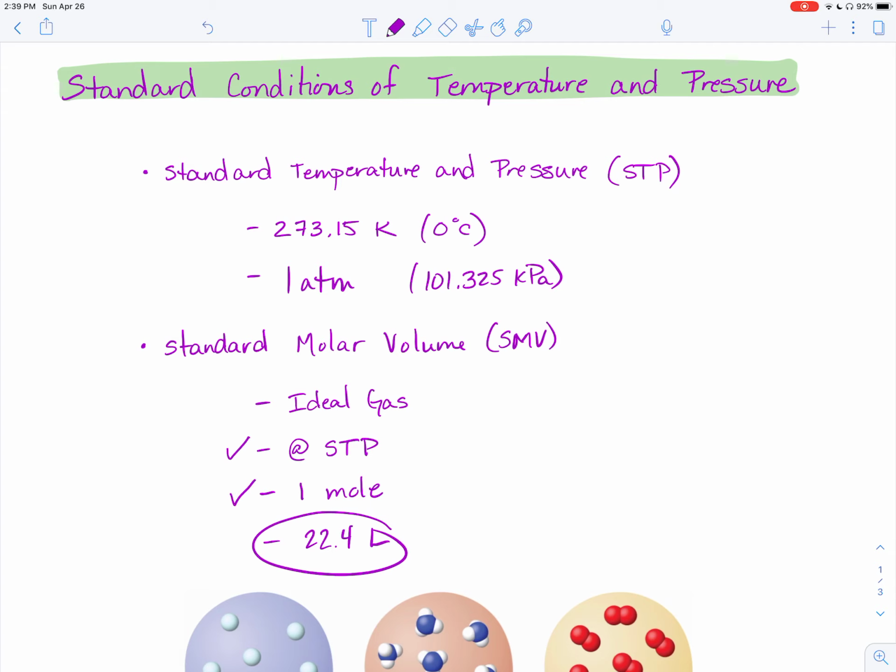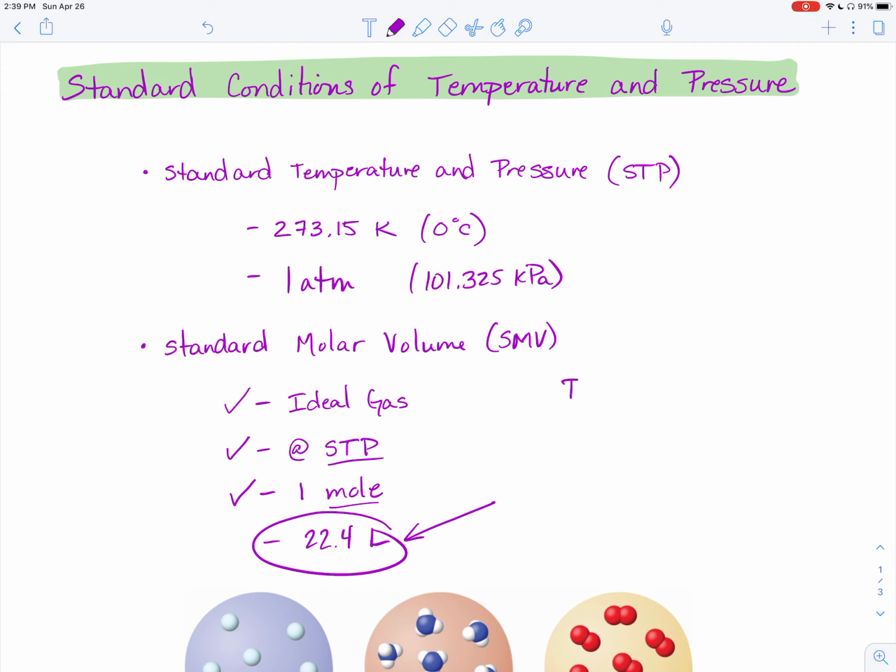And obviously these gases must act with ideal behavior. But the really interesting thing is that it does not matter what gas it is. Every gas at STP and 1 mole has a volume of 22.4 liters.